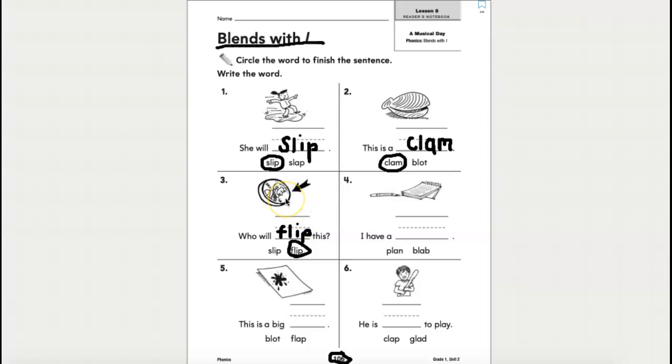Talking about the penny. Next, on number 4, we should have said, I have a plan. So we should have circled the word plan and put it in the blank.